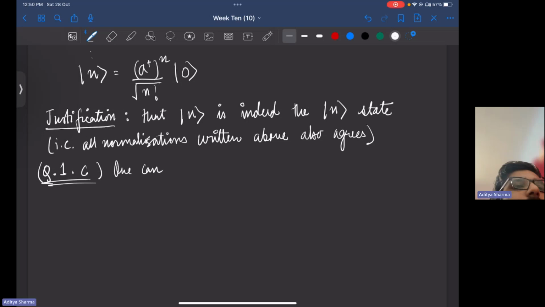One can formulate, right? So this is the information I'm giving you, and this is true. One can formally write a as d/d a dagger.